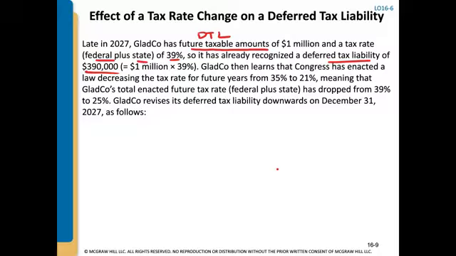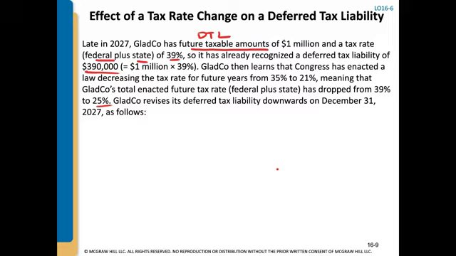Gladco then learns that Congress has enacted a tax law decreasing the tax rates for future years from 35% to 21%, meaning that Gladco's total enacted future tax rate for federal plus state has dropped from 39% to 25%. Let me just go through that math really quick in case that doesn't make sense.